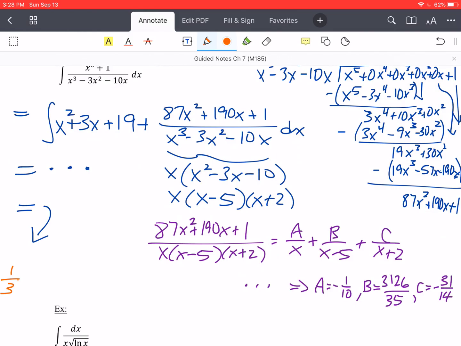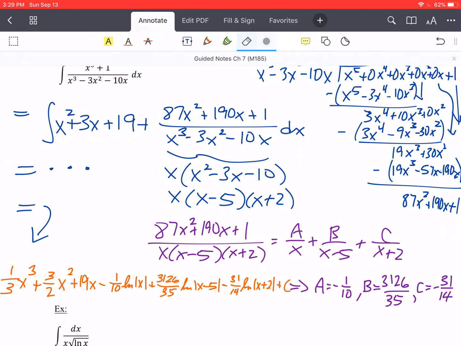You're going to get 1/3 x cubed plus 3/2 x squared plus 19x minus 1/10 ln of absolute value of x plus 3126 over 35 ln of absolute value of x minus 5 minus 31 over 14 ln of absolute value of x plus 2 plus C.